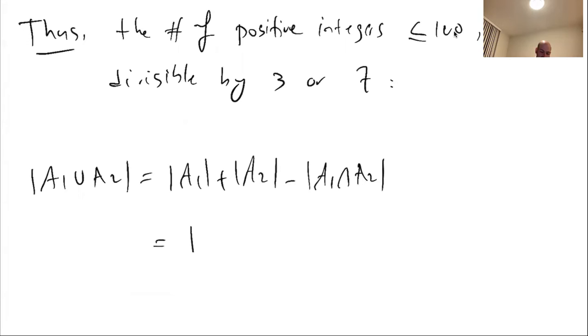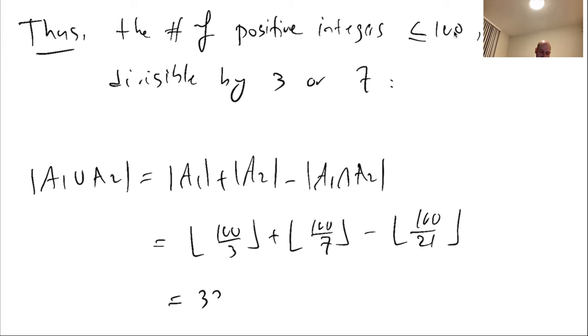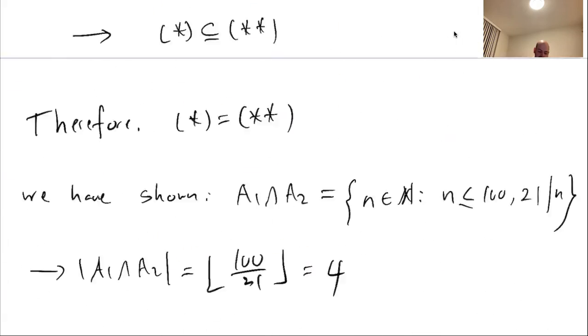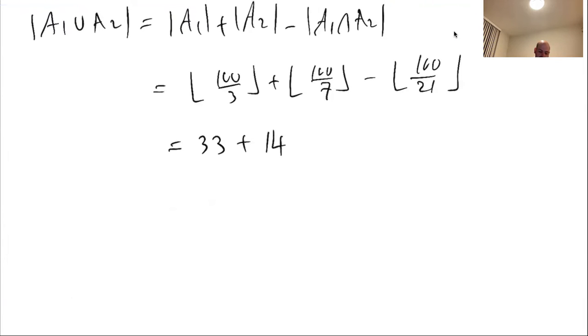So we said 100 divided by 3, 100 divided by 7, minus 100 divided by 21. The answer was 33 plus the other number, 14, and then minus 4. So this is 43. 43 numbers less than or equal to 100 are divisible either by 3 or 7.